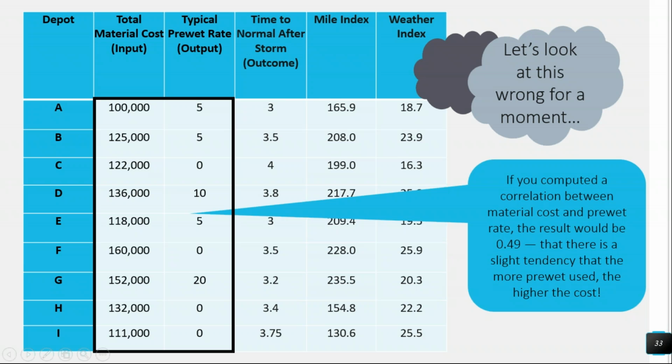The problem is that when you do that calculation, you might get a pretty interesting result. This correlation, if I plunk that in the spreadsheet and in my Excel tabulation, would come out to a correlation of positive 0.49, which would actually say that there is a slight tendency that the more pre-wet that's used, the higher the cost.